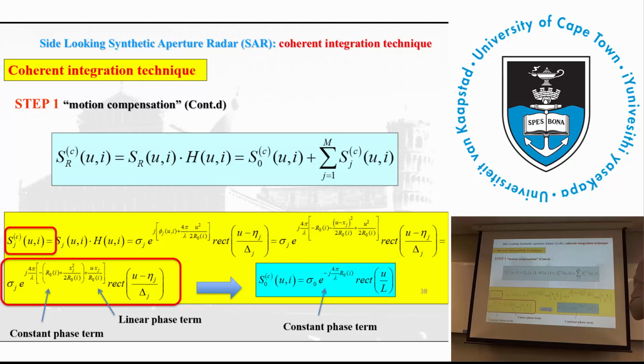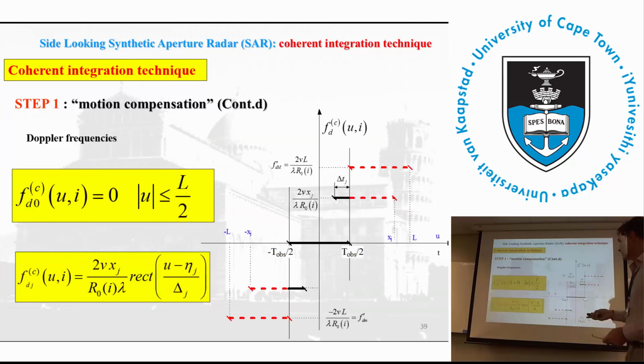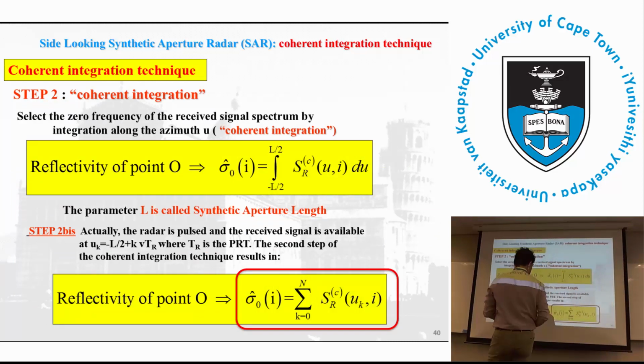What would be a small error? That's why you don't estimate sigma 0 directly, but you estimate something that is affected by a small error. And that's the reason why this is not exactly sigma 0.